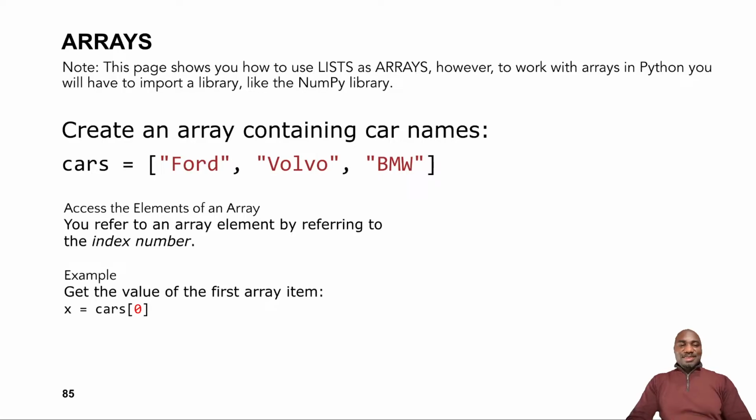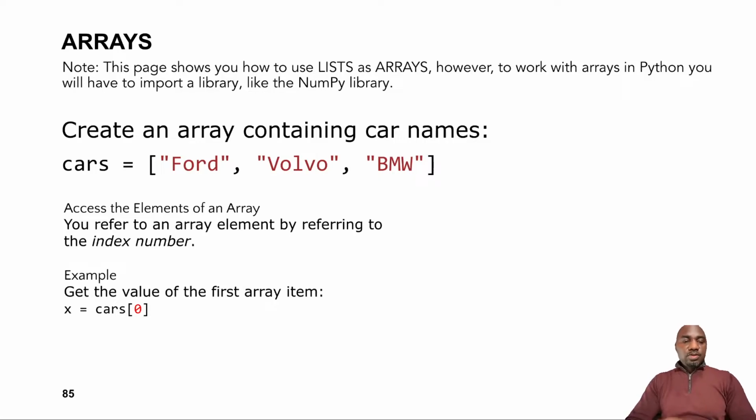All right, arrays. So we're talking about NumPy, and I can't do arrays without importing NumPy. So this page shows you how to use lists as arrays. However, to work with arrays in Python, you'll have to import a library like the NumPy library, which is a very, very popular library for doing this. So create an array containing car names.